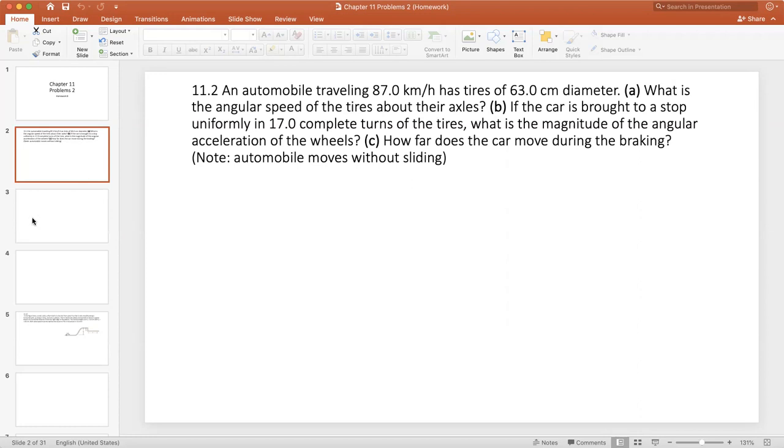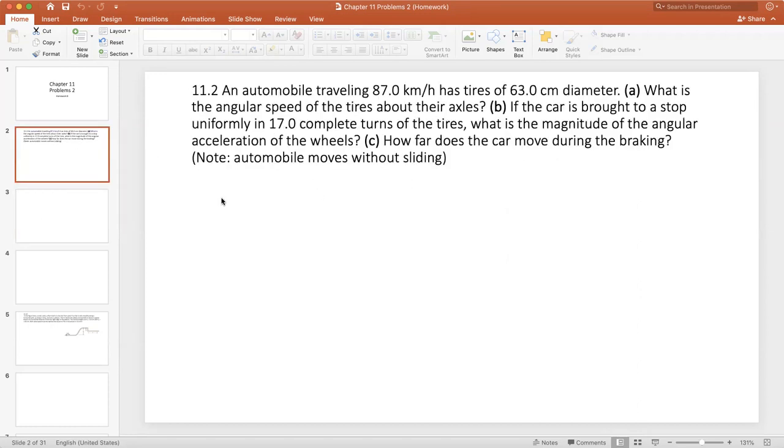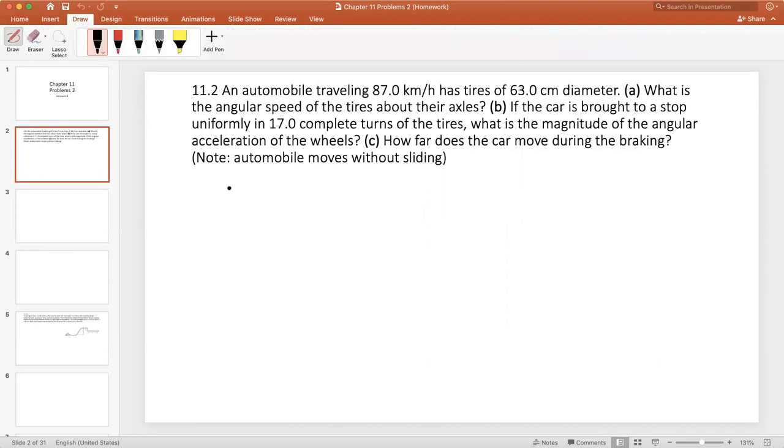Okay, so the first thing we notice is we need to convert that velocity of 87 kilometers per hour into meters per second. And we do this with just good old unit analysis. There are 1,000 meters in 1 kilometer.